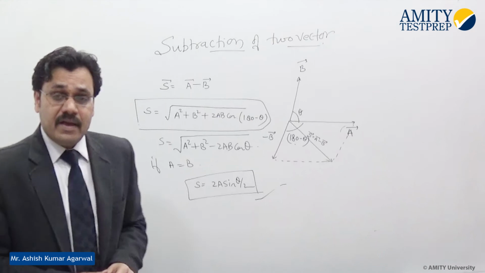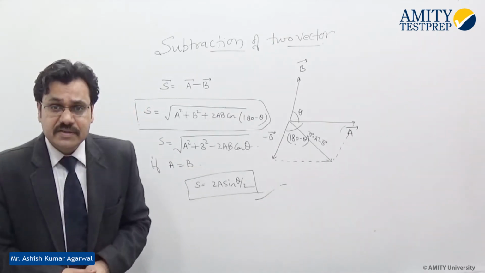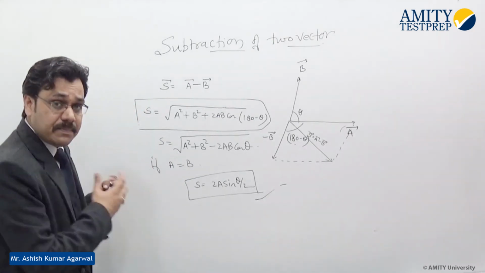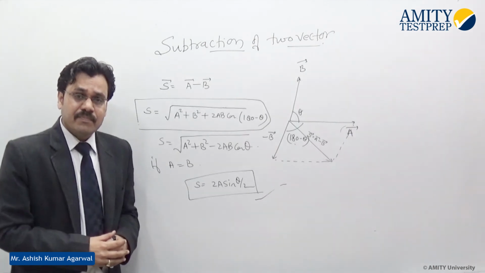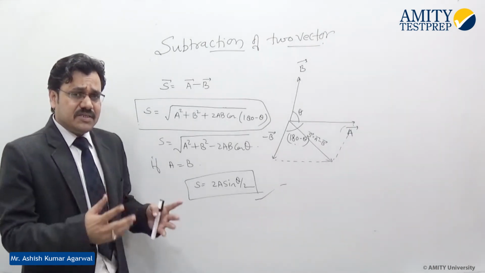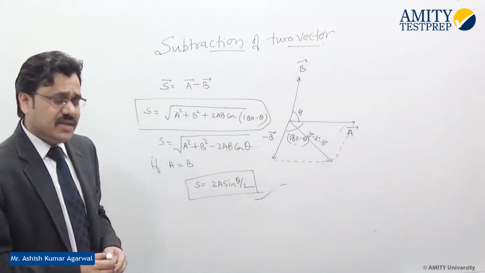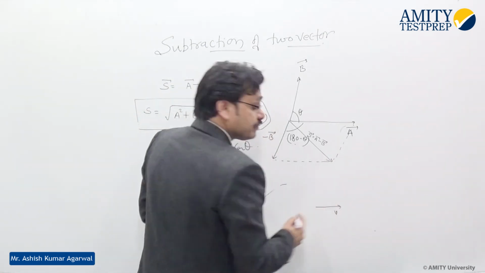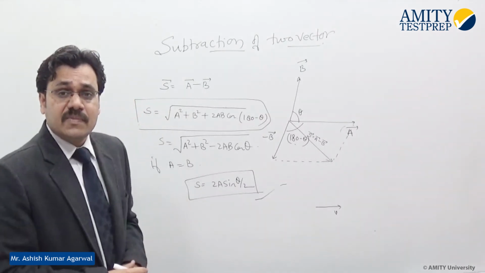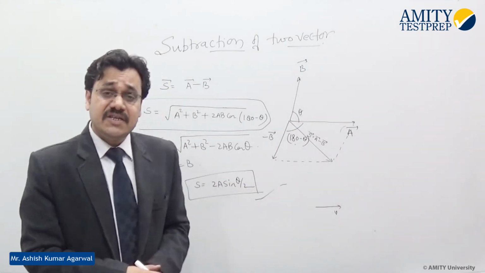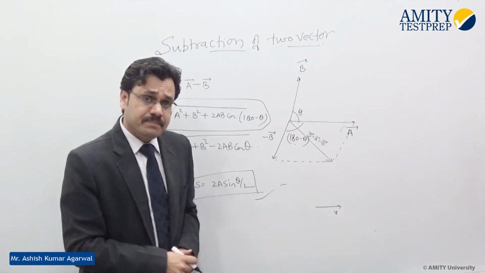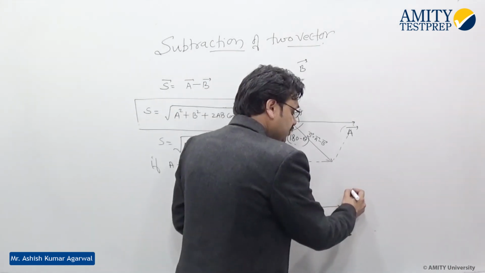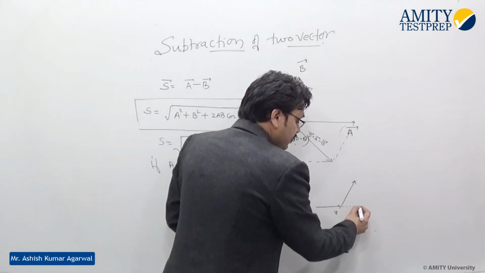So you can add two vectors, and you can subtract two vectors. I'm just taking an example. Suppose a particle is moving with velocity v, and in certain time its direction is changed by 60 degrees. Its magnitude is not changing, but direction is changed by 60 degrees.